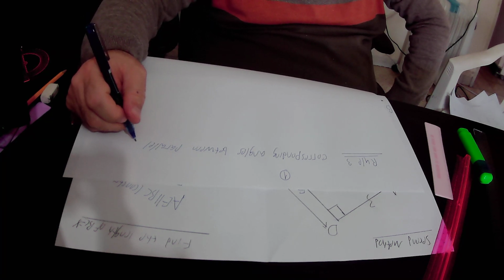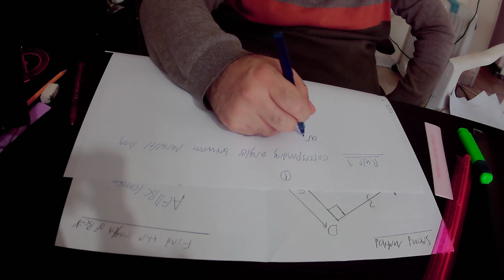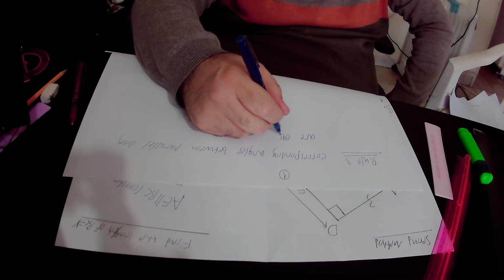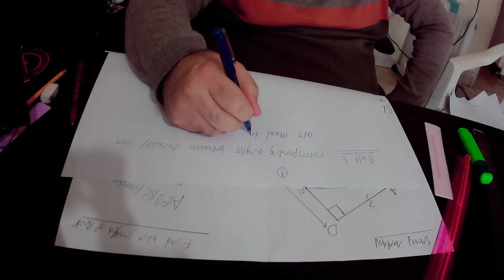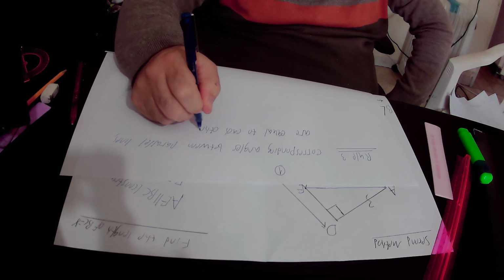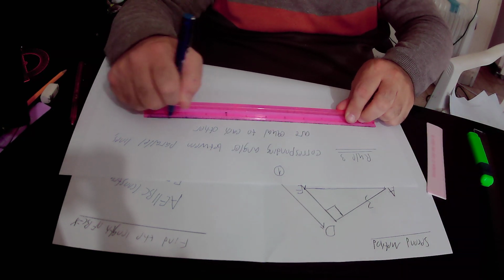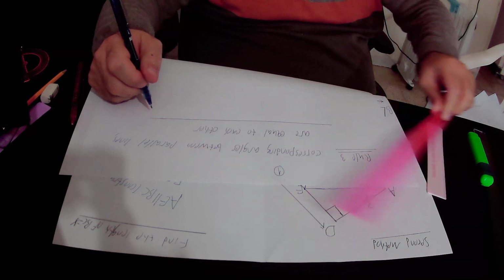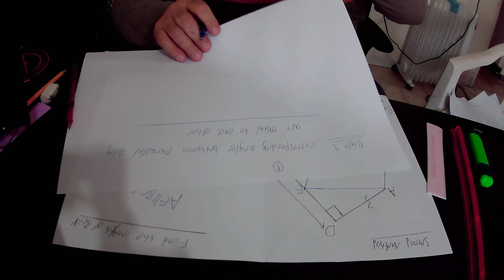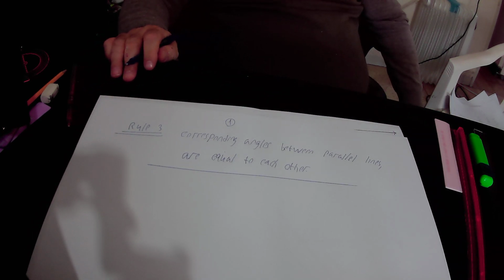I read rule number 3 again: corresponding angles between parallel lines are equal to each other.